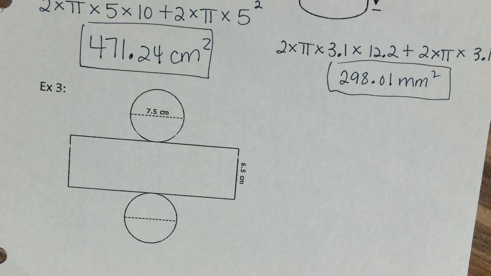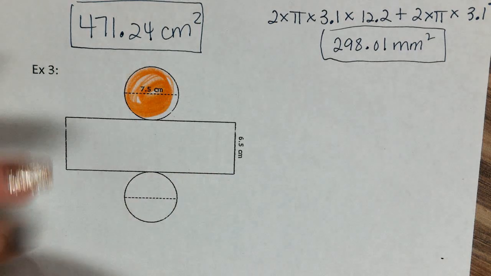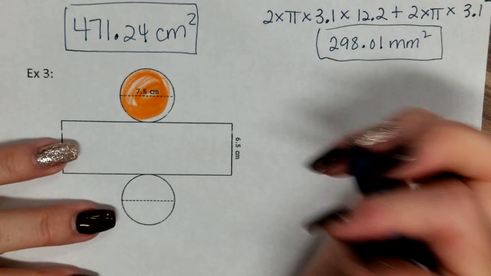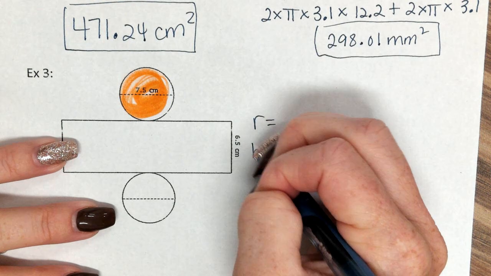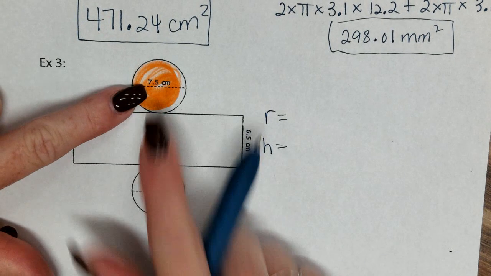So this is just a broken apart cylinder laying flat. Where does the radius have to come from? So this is the base. So I need an R. What else do I need? An H. So let's talk about it. Did they give you a radius halfway through the circle? No. What did they give you? So I have to take this number and divide by 2.